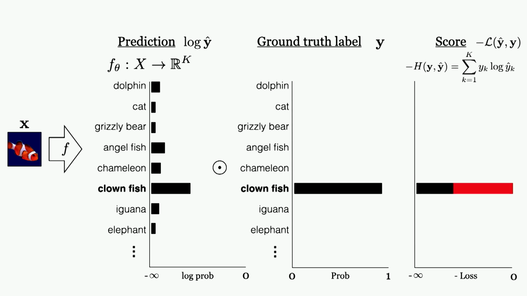Then you compute the difference. You take the difference in a funny way, actually a pointwise multiplication, but don't worry too much about that. We only put 50% probability on clownfish, and we should have put 100%, so we incur an error. All that red region is the amount we could have actually placed on clownfish, and that is the error under this particular cross-entropy loss function.